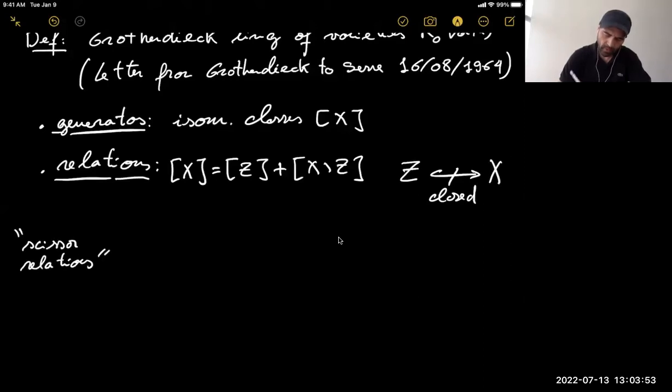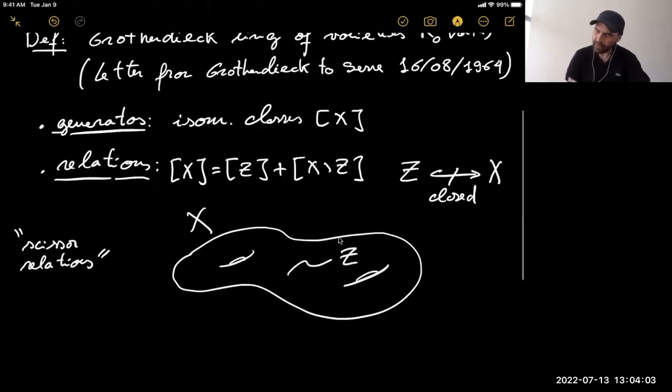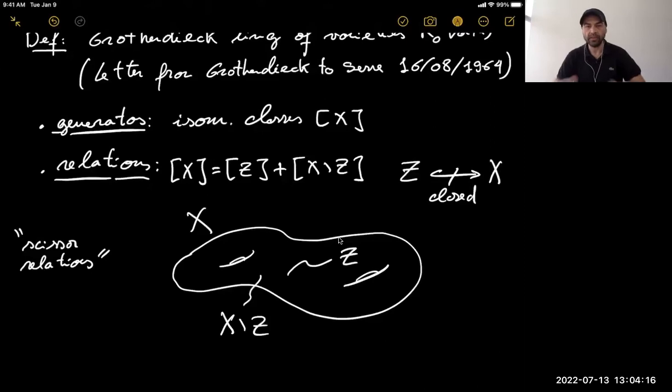because morally speaking, what they say is that if you have your algebraic variety X, and then you have your Z here, then if you grab a pair of scissors and cut Z from it, the class of X and the classes of Z and of its open complement determine each other.